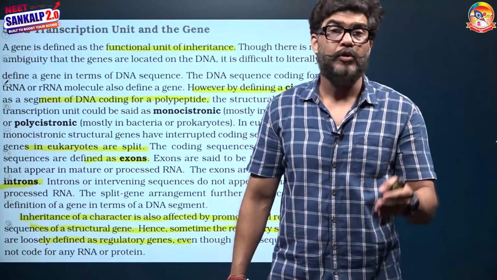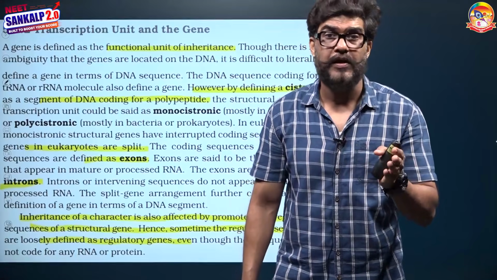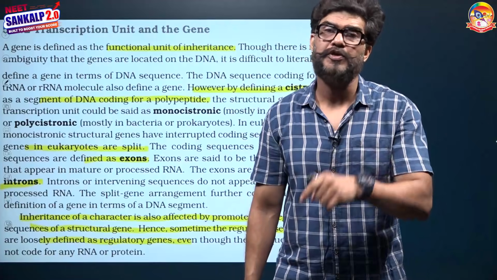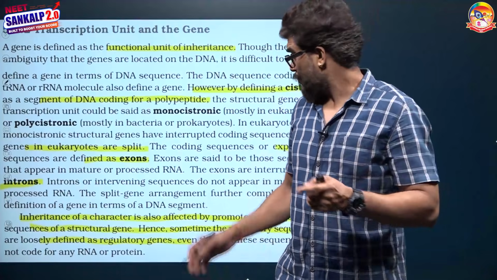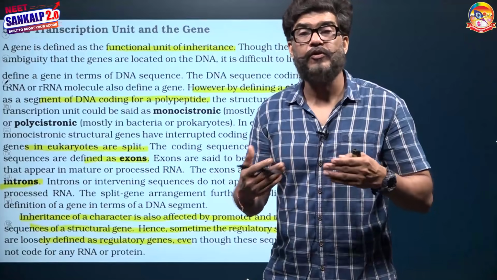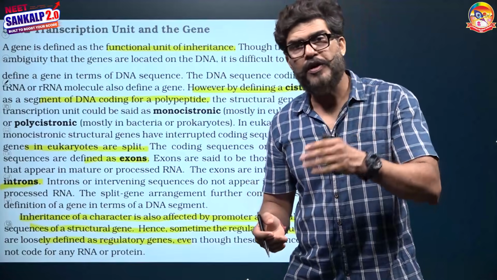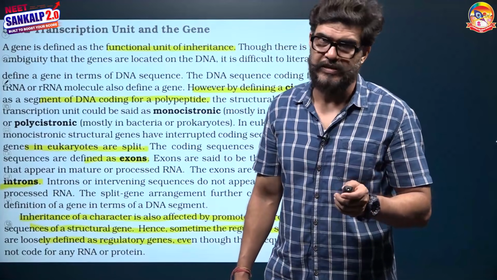And sometimes, those sequences which produce neither protein nor RNA can also be defined as a gene if they are controlling the expression of a character. So regulatory sequences and promoters are those segments of the DNA which do not transcribe and translate, but they regulate the process of transcription. So they also deserve to be called a gene.